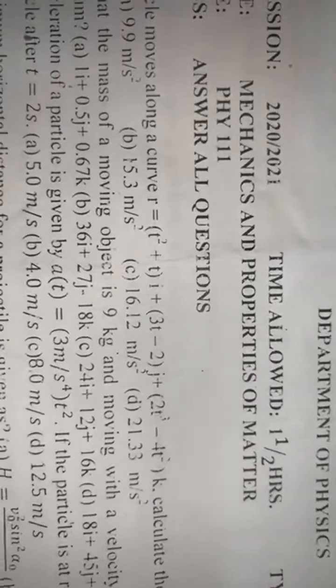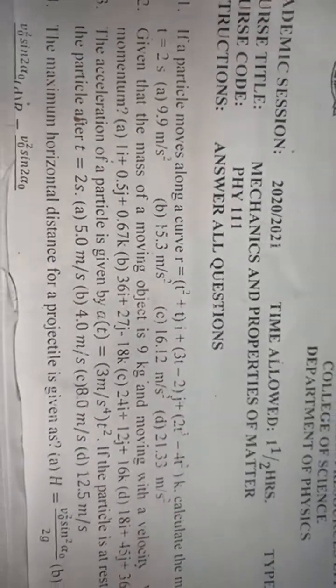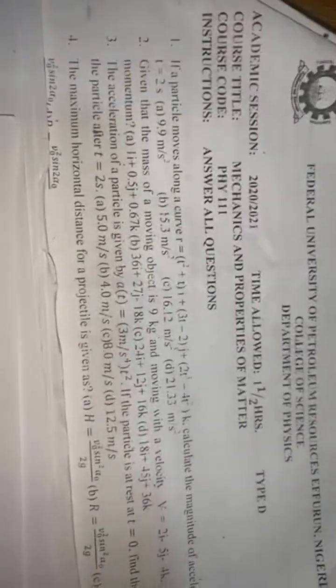So we're asked to calculate the magnitude of acceleration at t equal to 2 seconds. And here we have the options. So pause the video for 1 second and just attempt that problem. While you are attempting that problem, I'm going to do it alongside with you, because that's a technical problem.